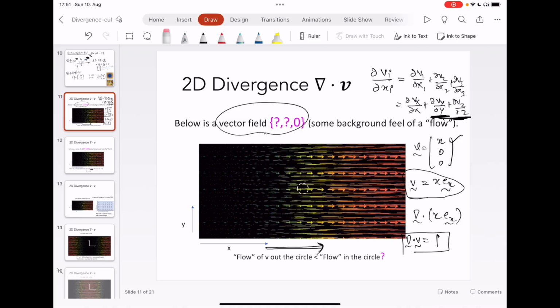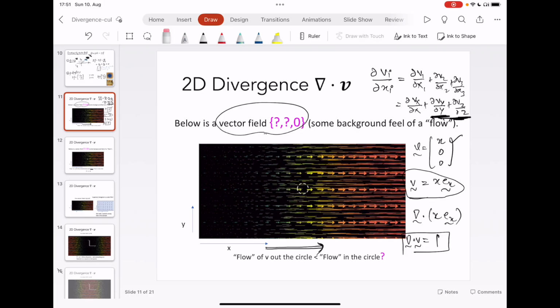So it gives you an idea of what is the net outflux from this hypothetical circle. You can shrink the size of this circle if you want to calculate the divergence at a point.